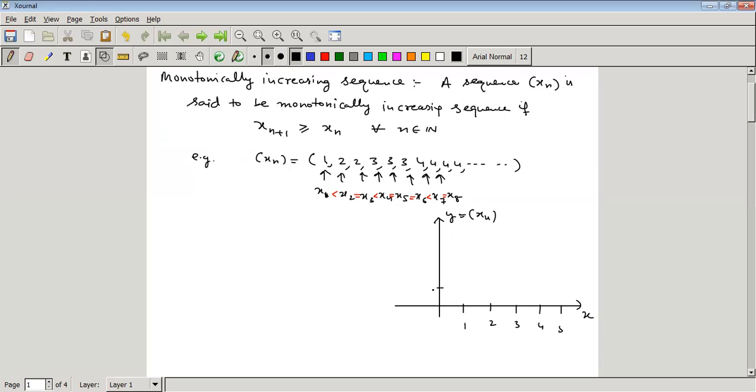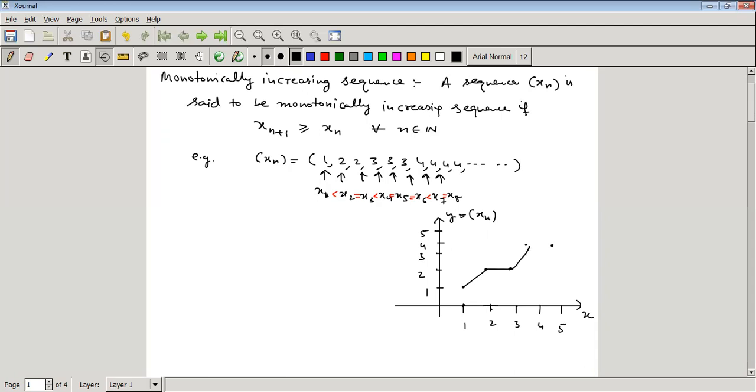For 1, the first term, we get x1 equal to 1. For 2, we get x2 equal to 2. For 3, we get x3 again 2. For 4, we get x4 equal to 3, and for 5 we get x5 again 3. So the graph looks like this.